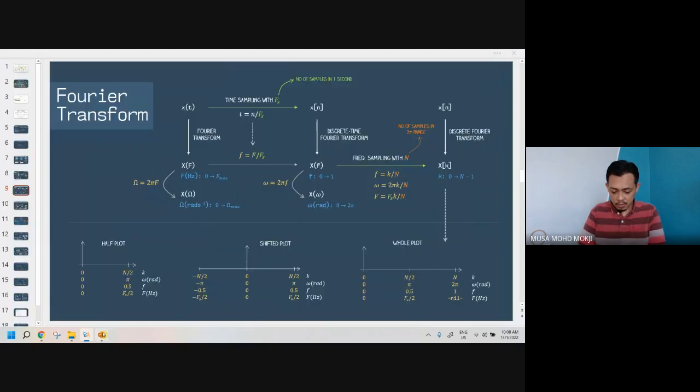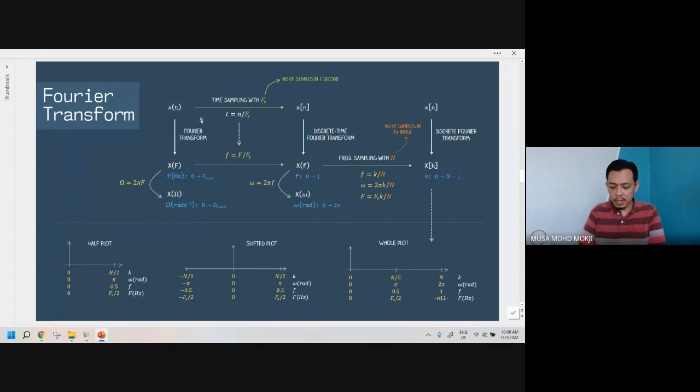If we look at this slide, we want a spectrum in k, so we need to go through two sampling processes. The first one is time sampling, where we have fs, and the second one is frequency sampling, where we need this capital N.